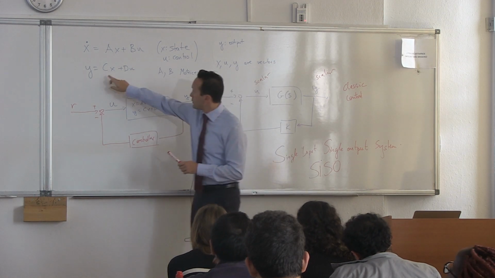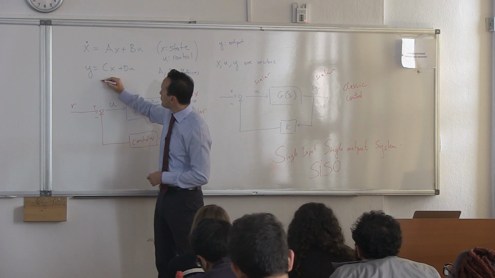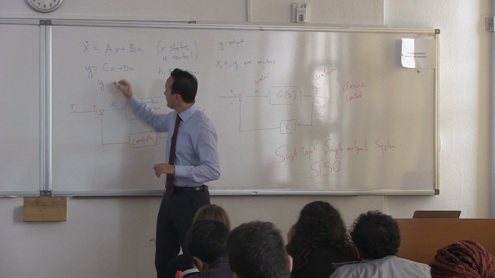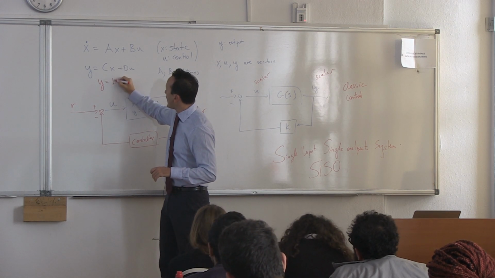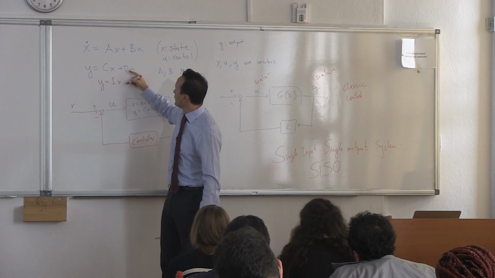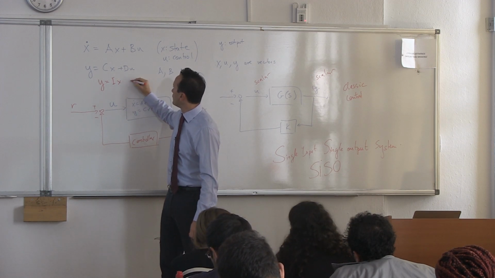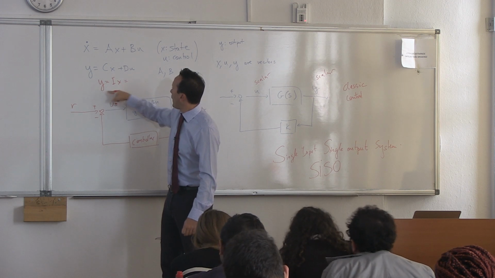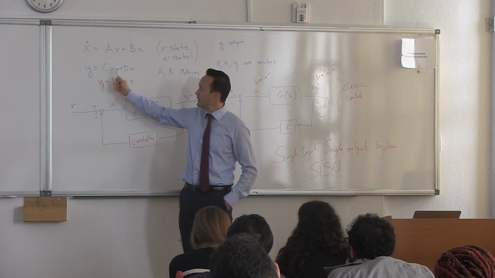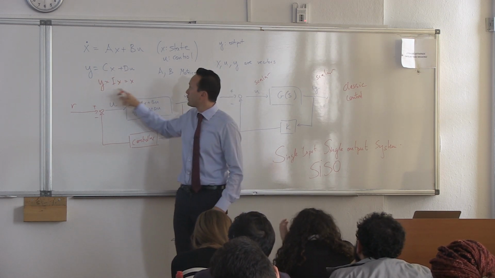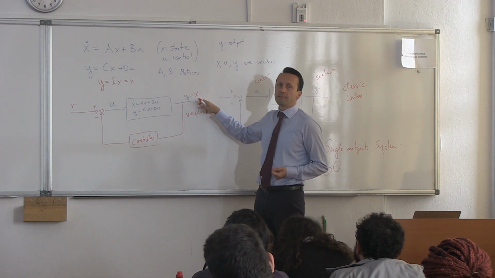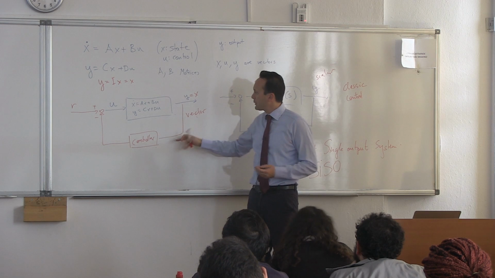In other words, in this equation here, these matrices, y is, for the majority of this course, not always, but for the majority, equal to the identity matrix instead of C times X, and D being 0, so therefore Y is equal to X. So C is equal to I, identity, D is equal to 0, and therefore Y is equal to X. Then the output becomes the state vector itself, so we feed back the state vector.